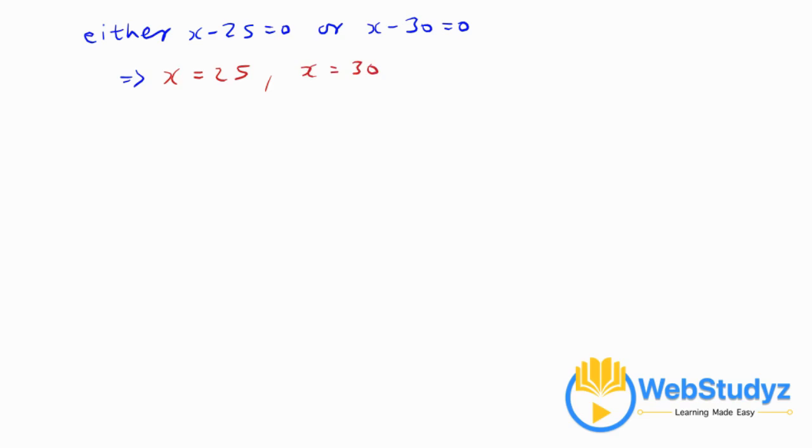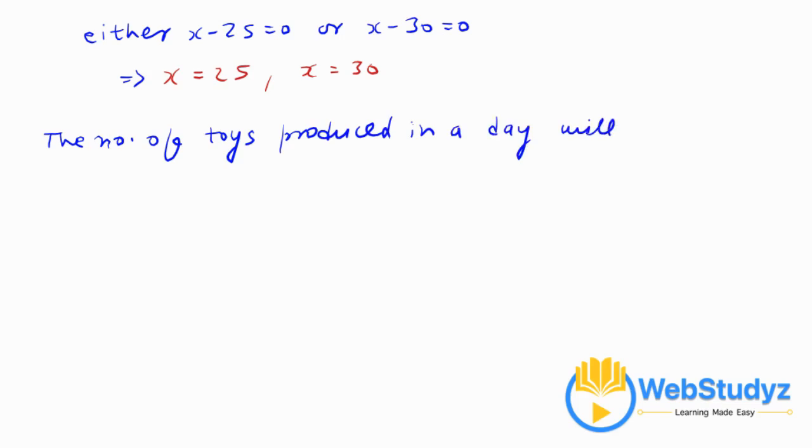Hence we can say that the number of toys produced in a day will be either 25 or 30.